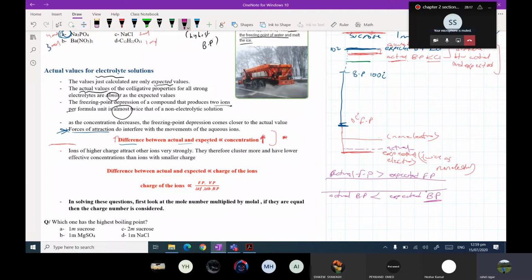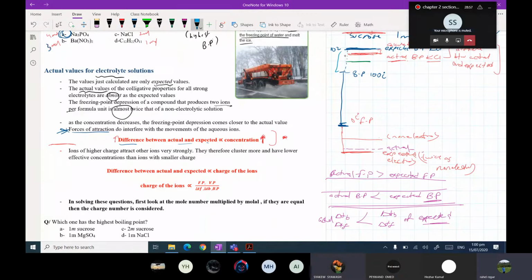The changes are always decreasing: the actual changes are always less than the expected. That means delta TB and delta TF of the actual are lower than delta TB and delta TF of the expected.